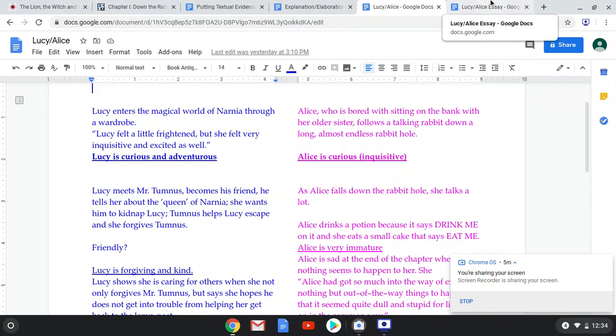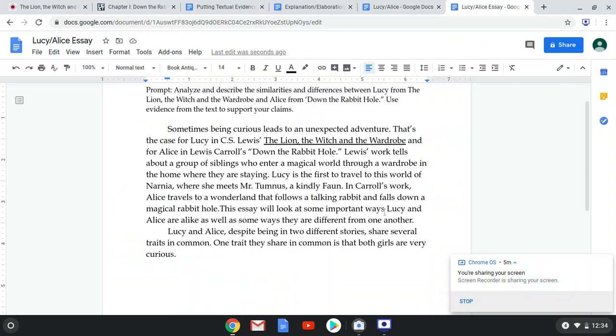Okay, so we're going to write first about what's happening. One trait they share in common is that both girls are very curious. Lucy shows her curiosity. Glad I had that spell check there. Curiosity when she enters the world of Narnia.